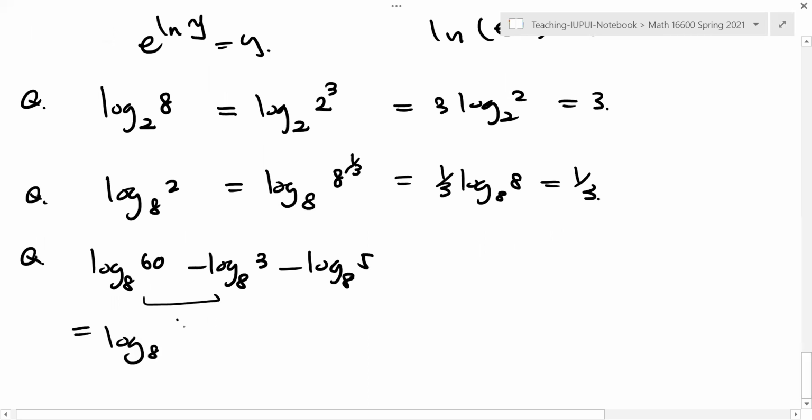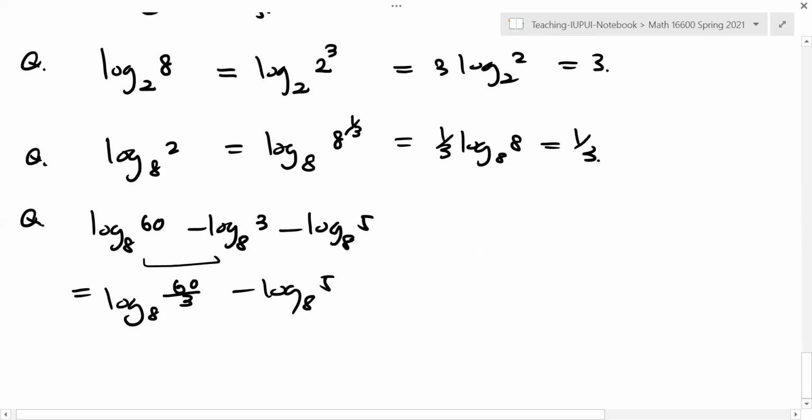So that would be 60 divided by 3. Then this again is the difference, right? So it will be 60 divided by 3 divided by 5. And 3 times 5 is 15. So it will be 60 divided by 15, which is 4.